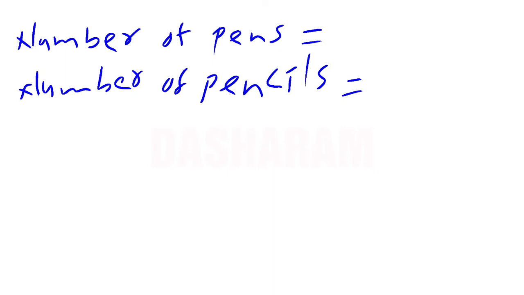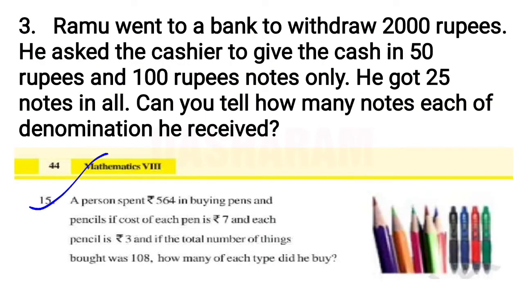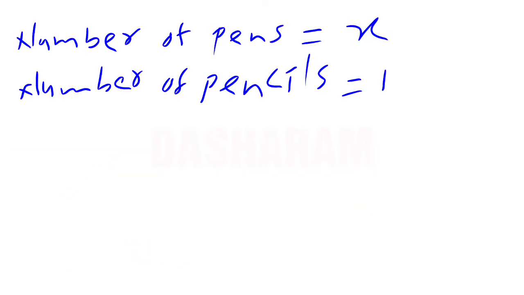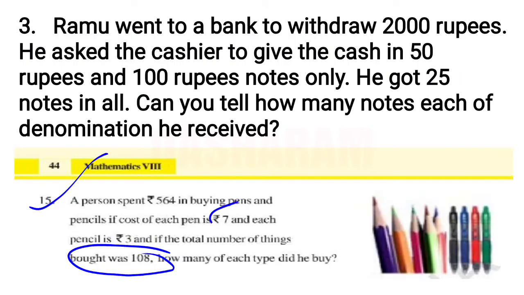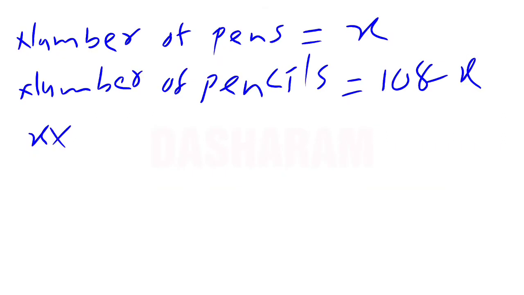So number of pens equals x. Then number of pencils: total how many things he bought? Total 108 things. So 108 minus x will become the number of pencils. Let's find out their values. Number of pens is x, and each pen costs 7 rupees, so x into 7.